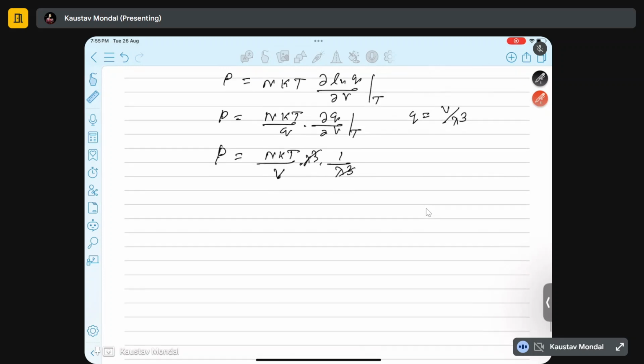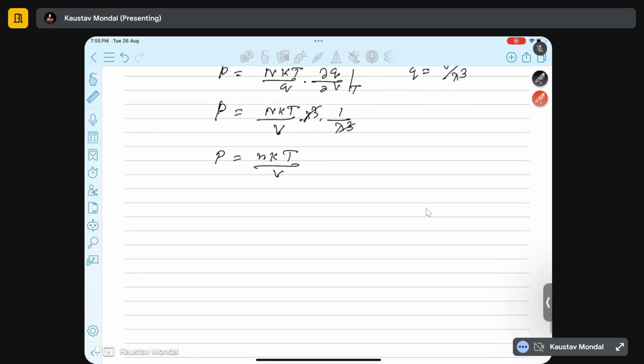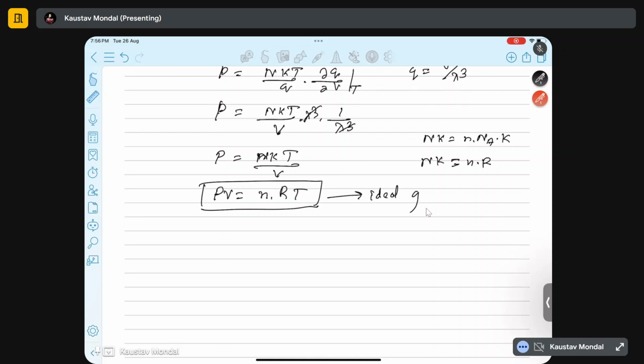So lambda cubed will cancel, and P will be NkT by V. Nk we can write as n into N_A into k, where N_A k is R, the ideal gas constant. So we can write P equals nRT by V, where n is moles. So this is the ideal gas equation, right?